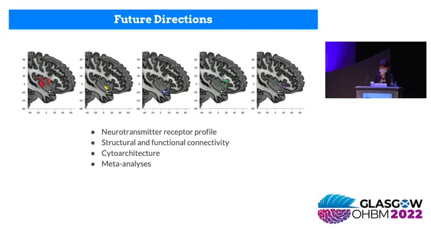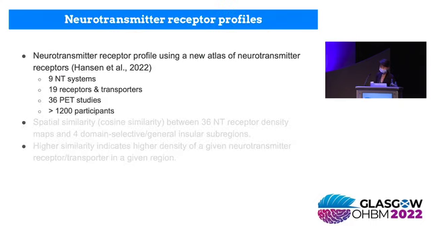of these regions, including neurotransmitter receptor profile, structural and functional connectivity, cytoarchitecture, and other existing meta-analyses. Lastly, among these, I will briefly go over some of the preliminary results of one of these directions, neurotransmitter receptor profile. Here we are using a comprehensive atlas of neurotransmitter receptors that recently came out by Hansen and her colleagues.